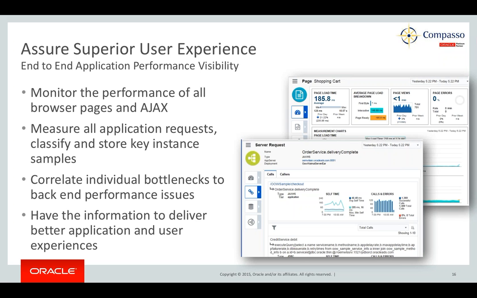Monitoring just the web page nowadays isn't enough. A lot of very advanced web pages use AJAX calls. AJAX is a technology, an offshoot of Java, that allows you to use Java and XML to do dynamic web pages without actually going to another page.